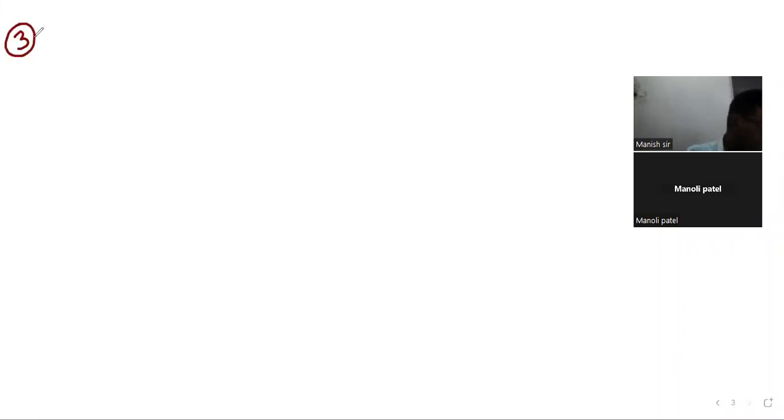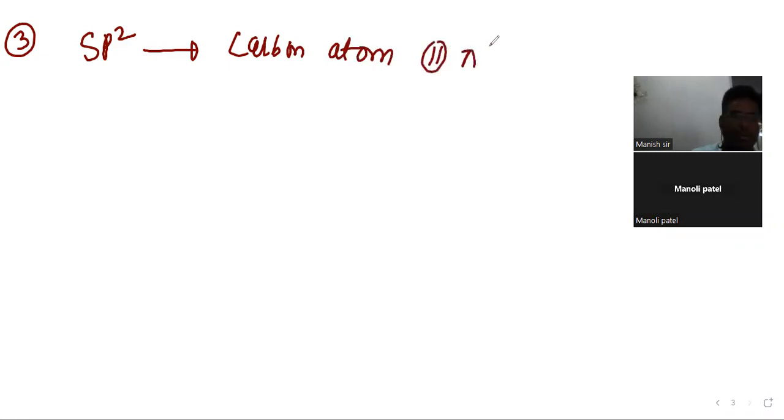Now see question number 3. How many sp2 hybridized carbon atoms are there? And second, you have to find the pi bonds present in the following compound.